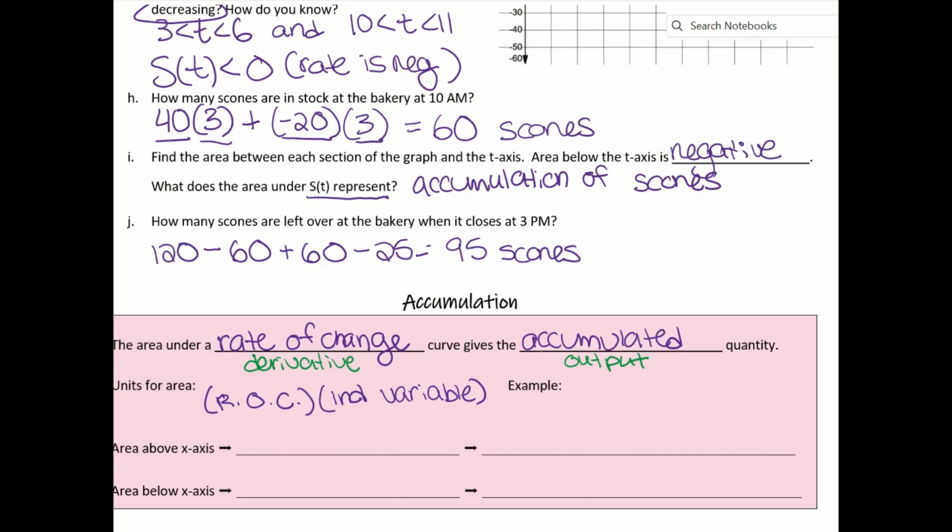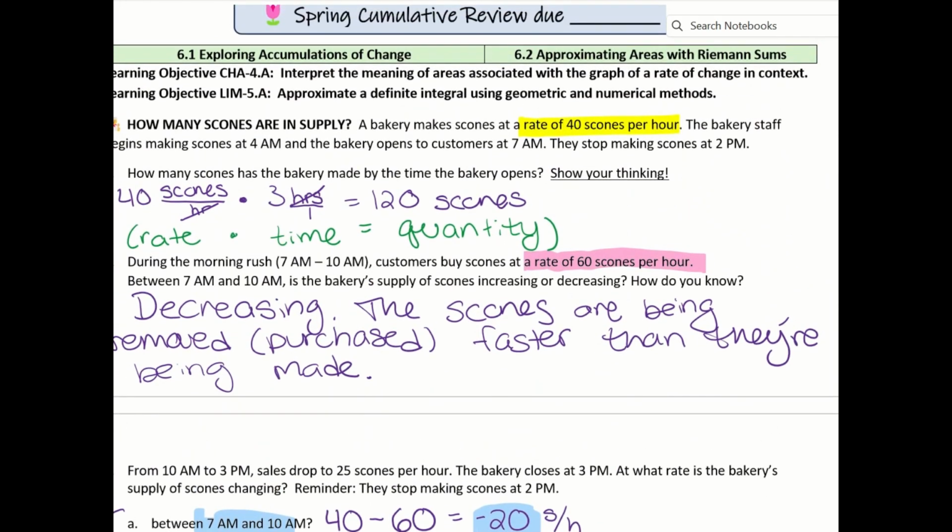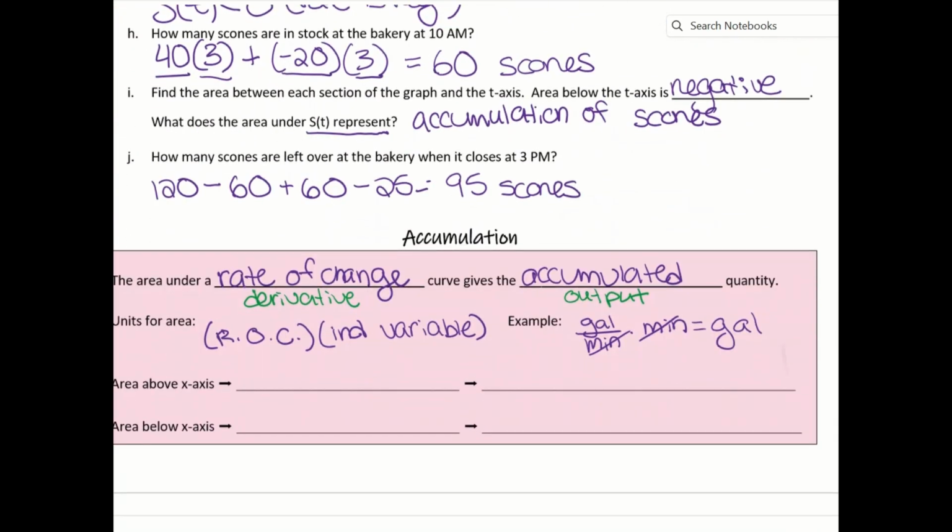For example, we might have a rate of gallons per minute times a minute, and that will give us gallons. Earlier, we had scones per hour times hours, and that just gave us the leftover scones. That's how we get accumulation.